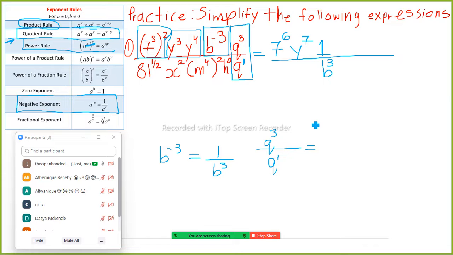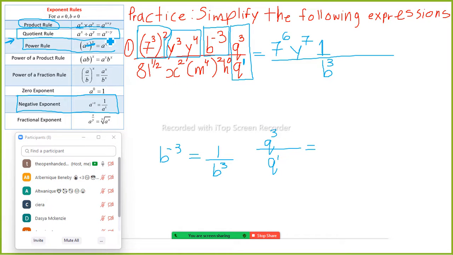Now, q to the third power divided by q to the power of 1. What is that? Power of a fraction rule? No. Because I'm dividing. So q to the third power divided by q to the power of 1. What is that? It is the quotient rule.